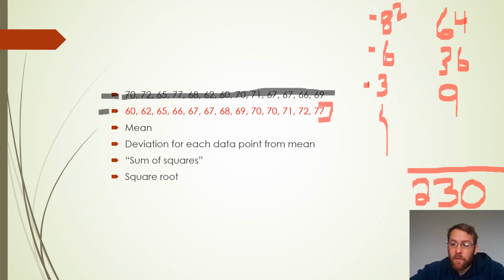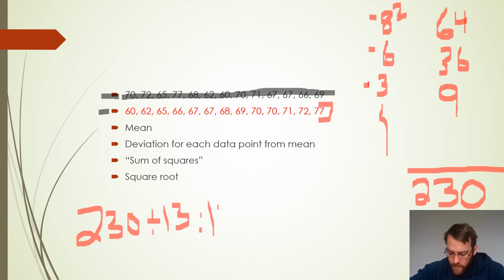Then I need to take 230 and divide that by 13 because there's 13 pieces of data. I get 17.69, right? 17.69 is my variance.